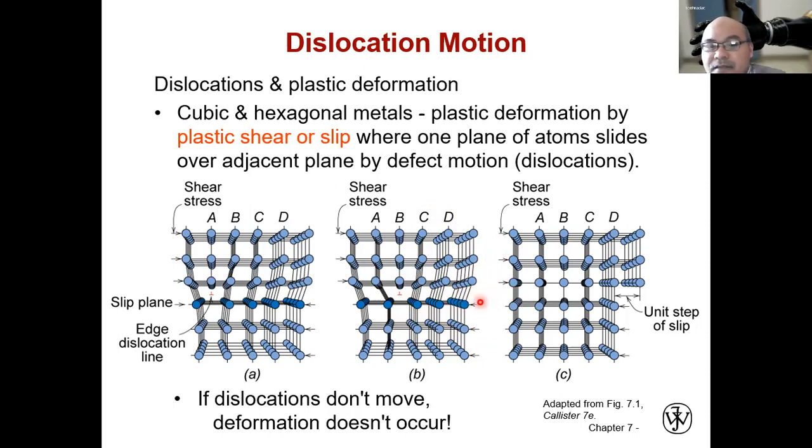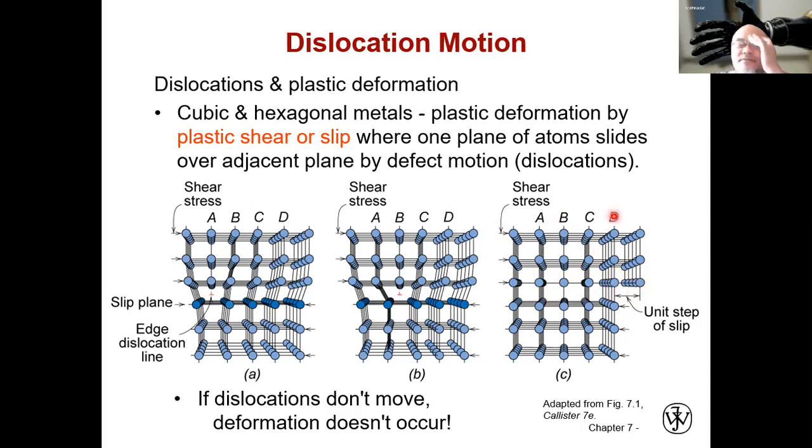There is no more plane here. Then it will come out to the edge, where you will have a unit step of slip. One plane will be coming out of the edge. So inside the material, it will be a perfect crystalline structure because the edge dislocation line has moved to the edge. And what we see externally is that the material has deformed.